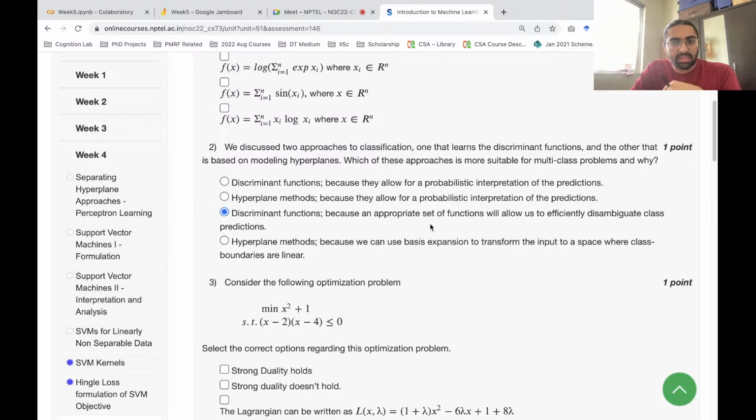So the third one is the right answer, because having an appropriate set of functions will allow us to efficiently disambiguate class predictions. Then we can say how much more clearly a particular sample belongs to a particular class or not. In that way you can try to understand this. Okay. Any doubts here?